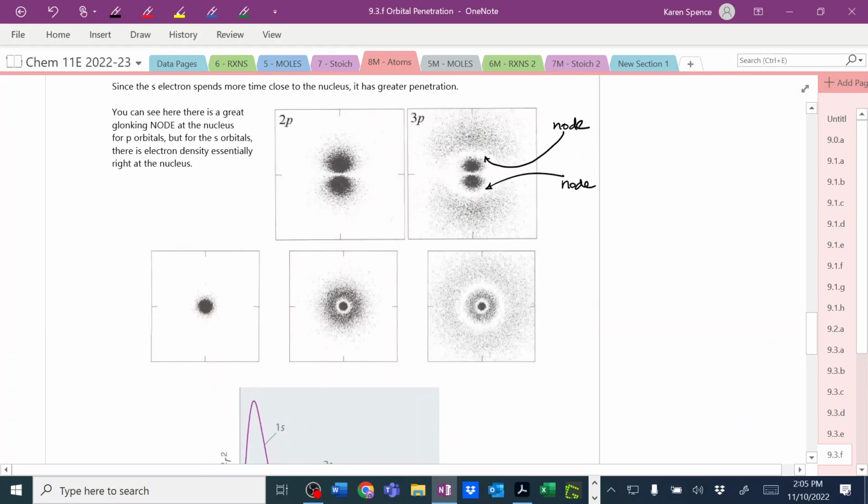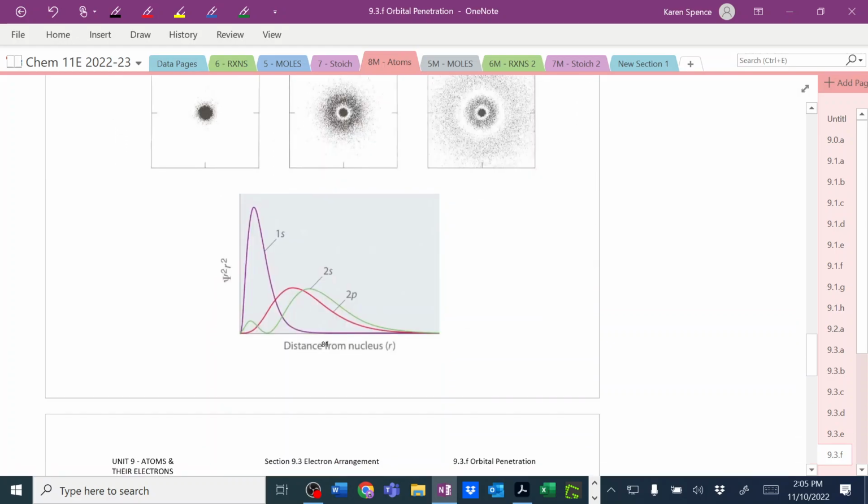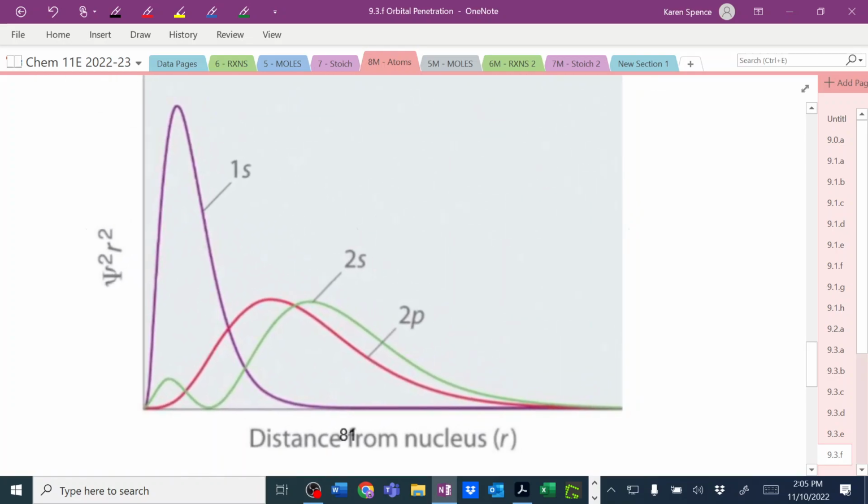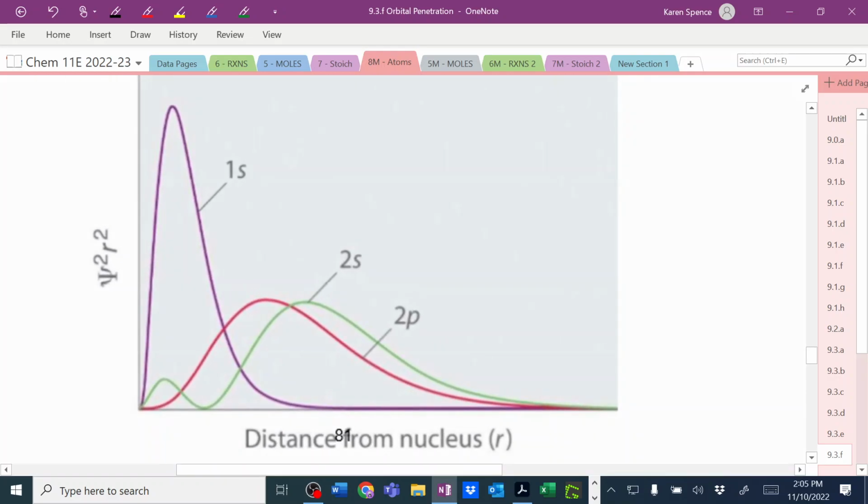So there's our 1s, 2s, 3s. And here we are looking at our 1s, our 2s. So this is also 2s. And you'll notice that our 2p doesn't really have any significant density really close to the nucleus.